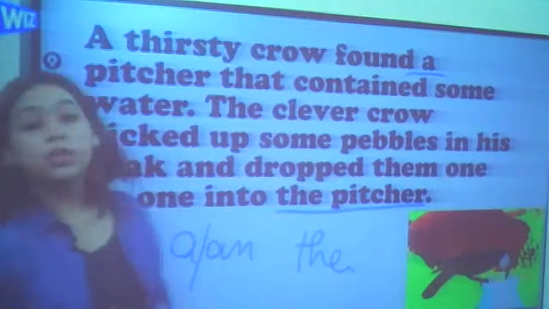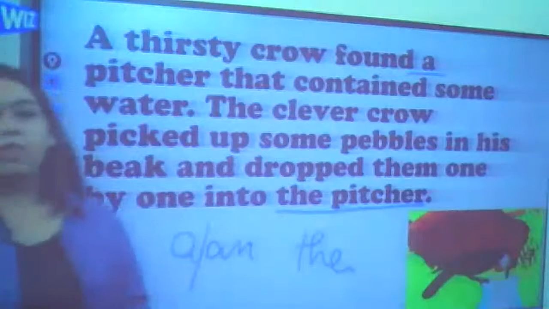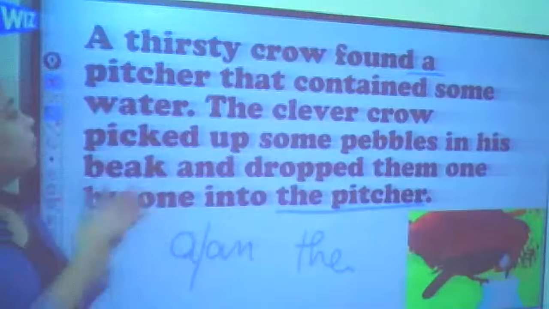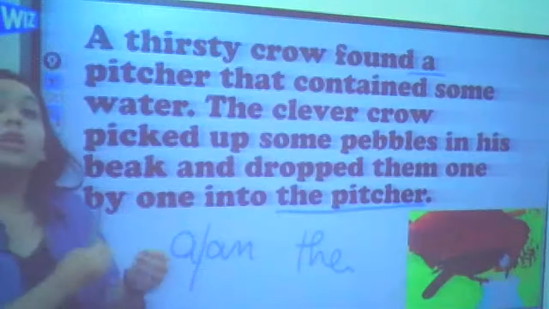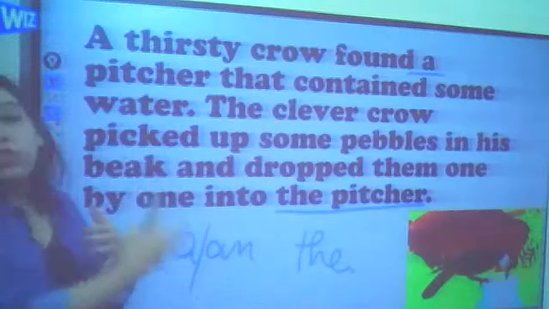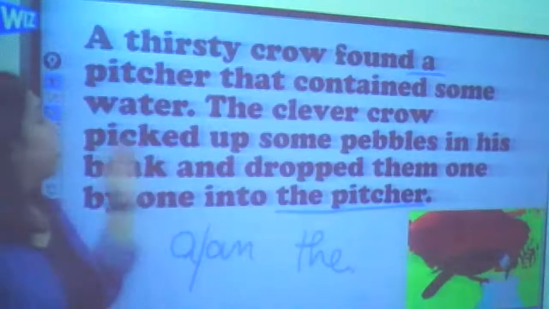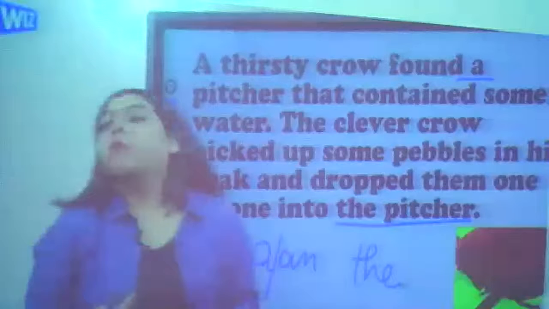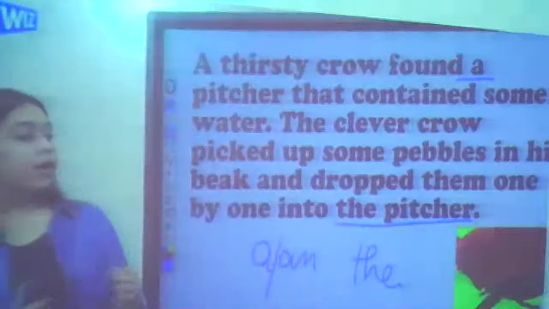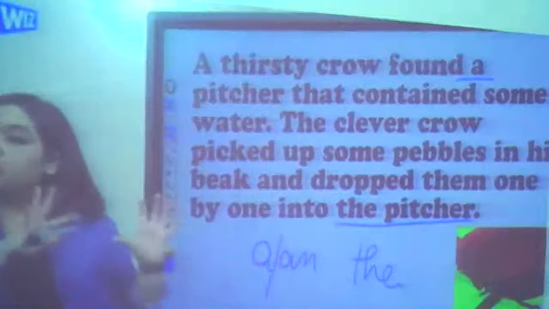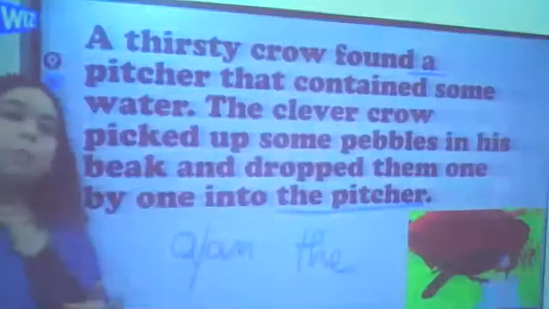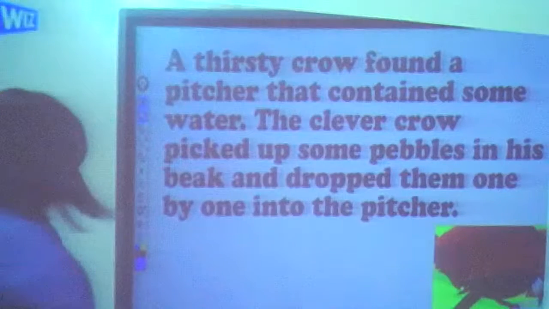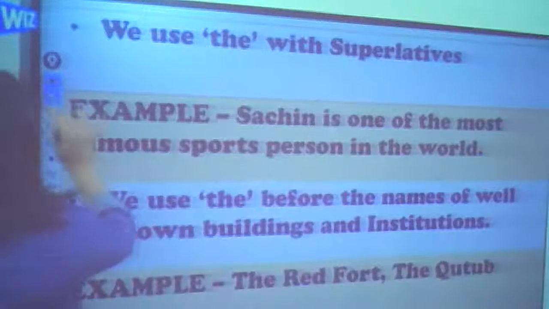So the logic here is when we are using something for the first time, I'm using picture for the first time, I'm just referring to it once. Like in the story, we're talking about picture for the first time. So we'll say a thirsty crow found a picture. Okay. But when the picture is introduced already, we are referring to that picture again, we use the article the. Okay, so let's move on.